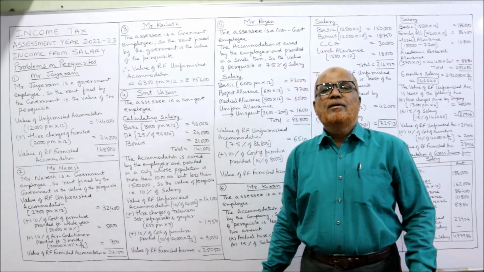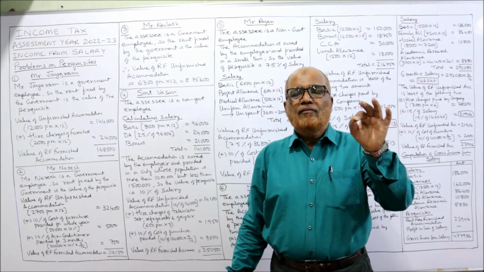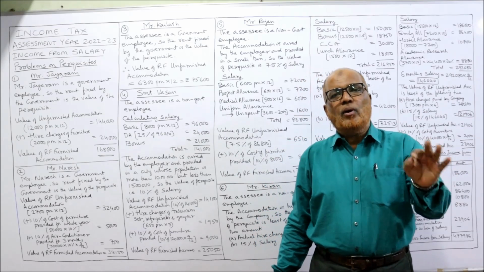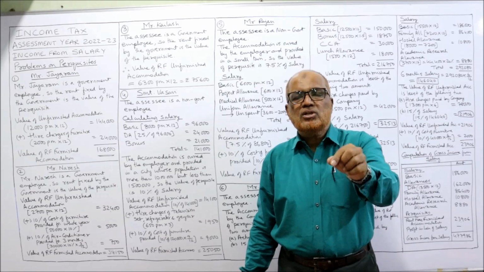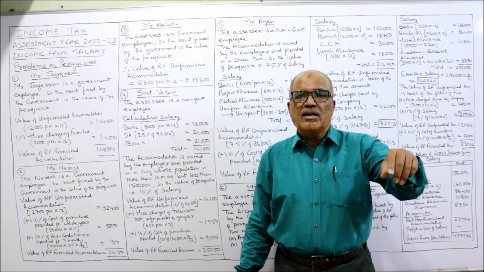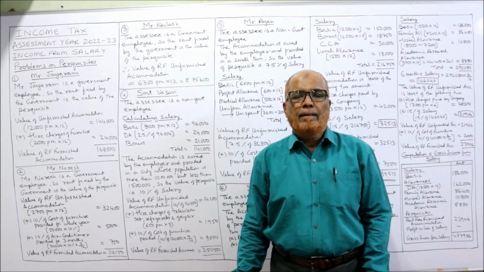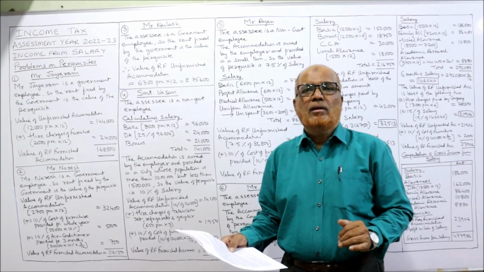Now see here. First of all, the SSC is a non-government employee. When the SSC is a non-government employee, 2 situations may arise. The first situation, the accommodation is owned by the employer. Second situation, the accommodation is hired by the employer. But in our problem, it is given the accommodation is owned by the employer.